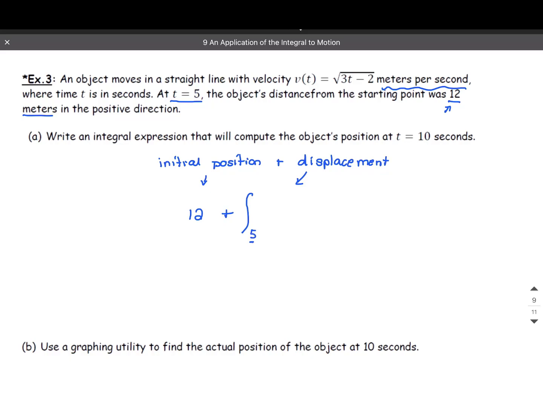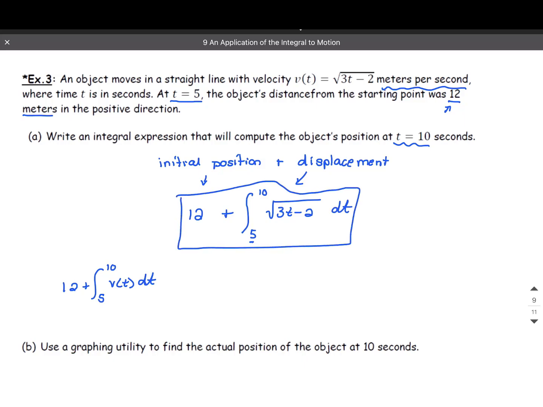That's why this is here. Since we want to go up to time 10, that's our upper limit, and our velocity function is the square root of 3t minus 2 dt. And yes, it's okay if you write 12 plus the integral from 5 to 10 of v of t dt. They are both fine, either way. So that's our answer for part A.